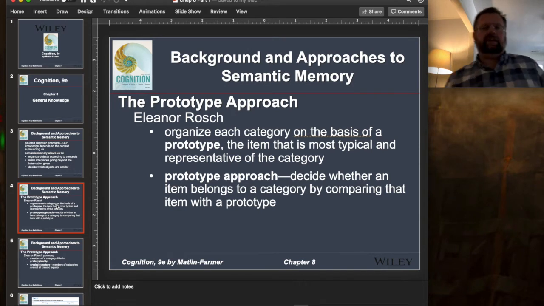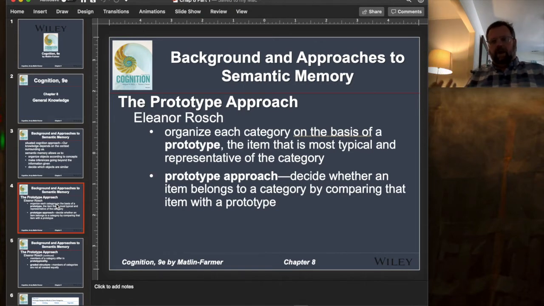The idea is that when we're talking about things like, say, a bird, we have a prototypical bird in mind, and that prototype is the basis for how we categorize different sorts of things. In the prototype approach, we decide whether an item belongs in a category by comparing it to that prototype.